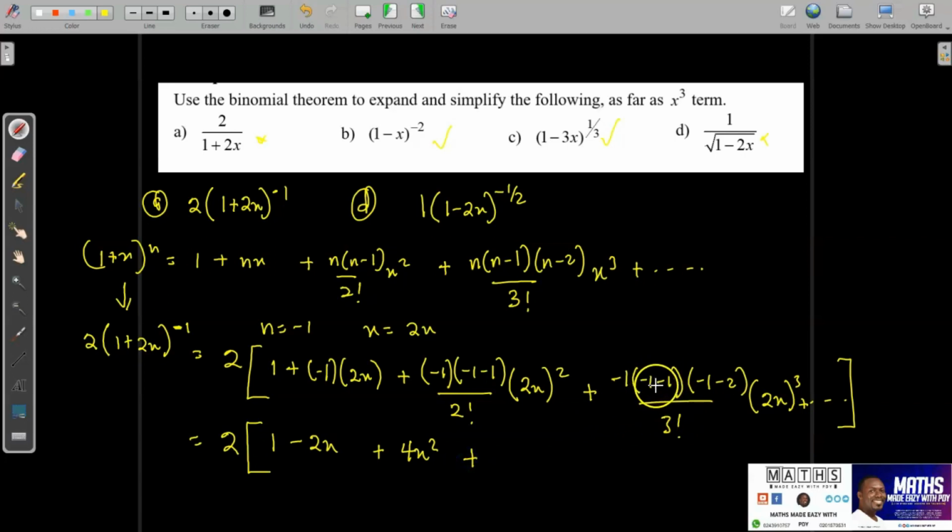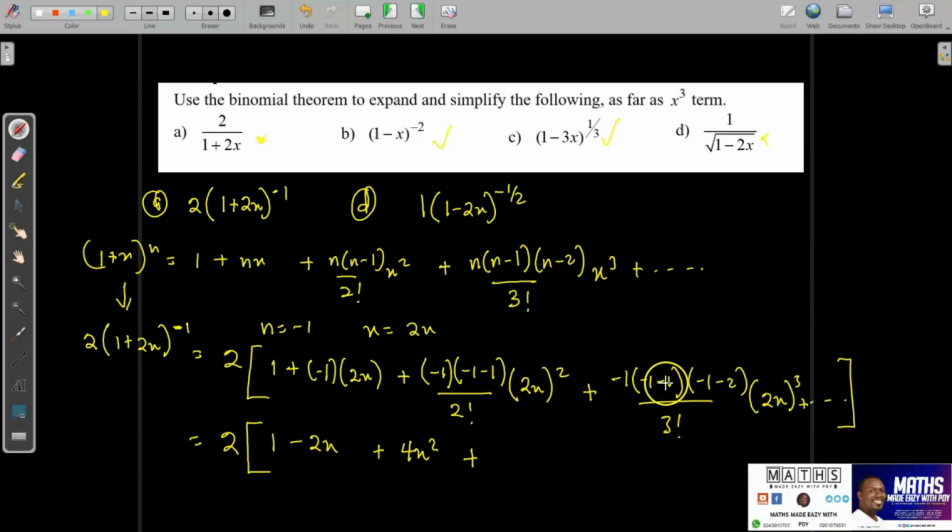Then plus, we go to the last term. Here will give me -2. Here will give me -3. Here will give me -1. So -1 times -2 times -3 all together will give us -6. Do you agree? Yes, sir. And we've seen that 3 factorial is the same as 6.